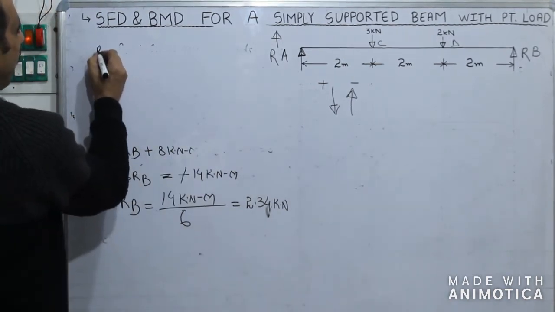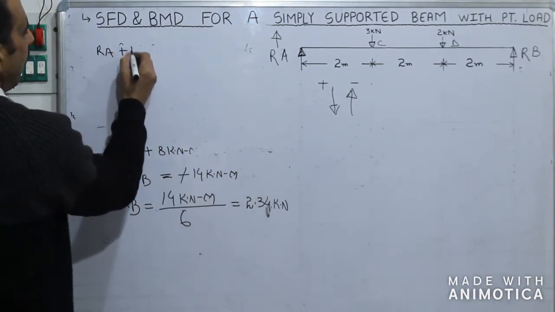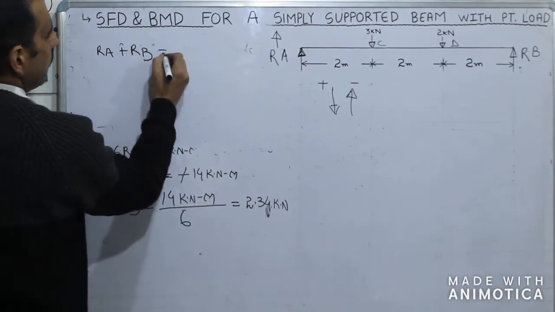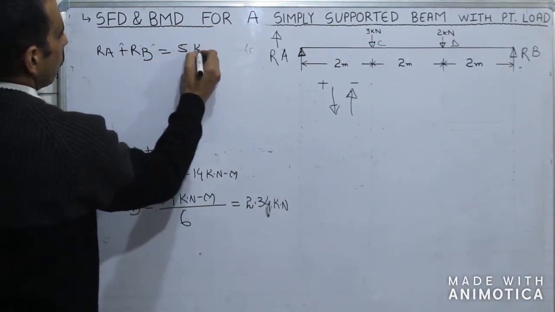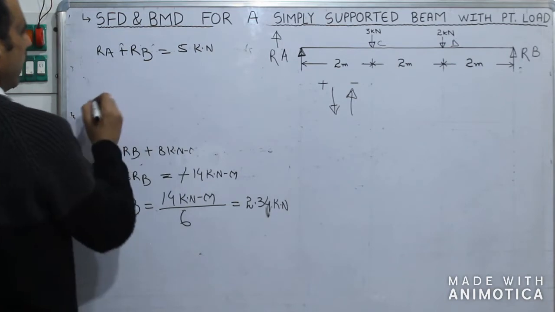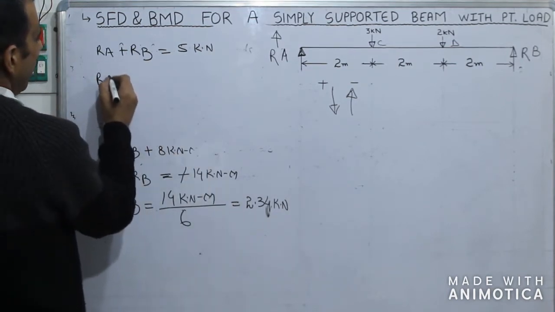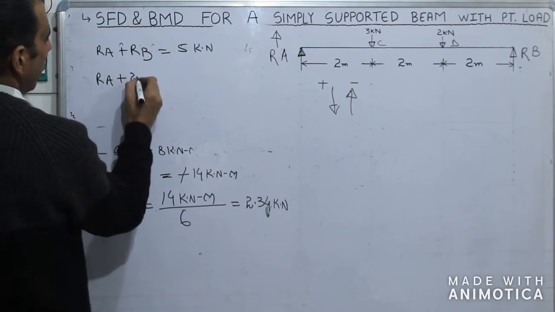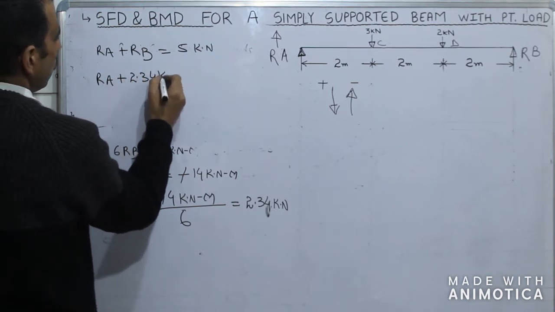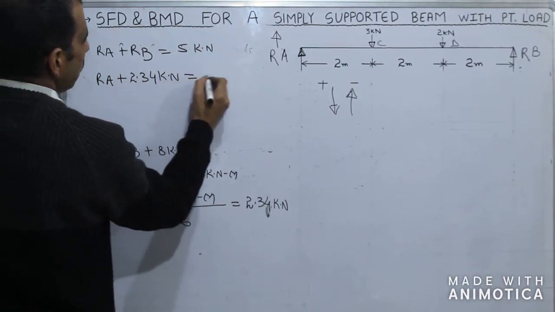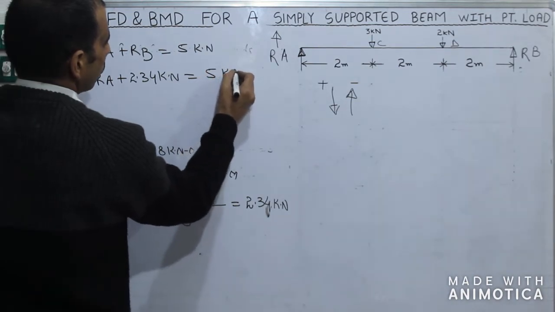We know that RA plus RB is equivalent to 5 kilonewton, right? RB is 2.34, so RA plus 2.34 kilonewton is equivalent to 5 kilonewton.